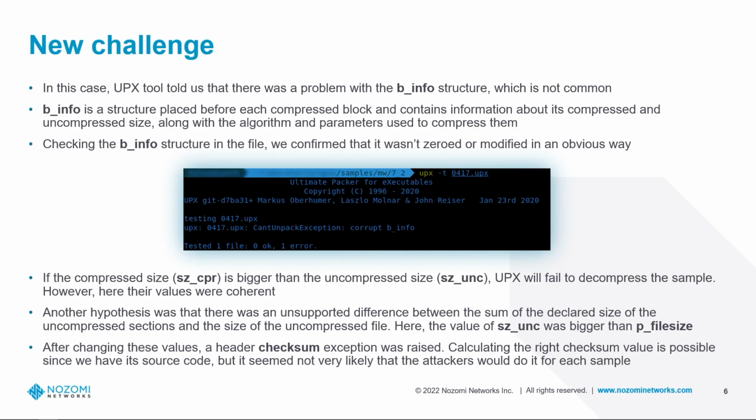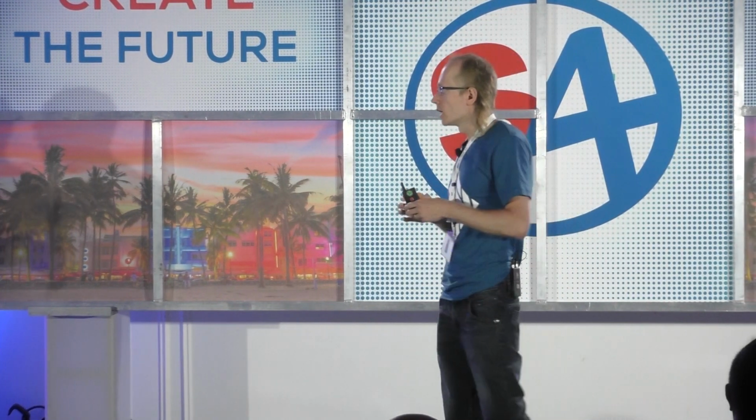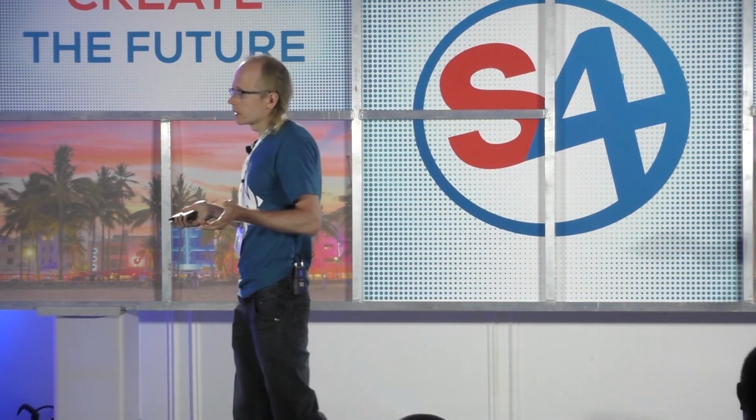Checksum obviously is being used to prevent very obvious small accidental changes in the code or data, which would be noticed with a high probability. The smaller the checksum, the higher the probability of collision, so it may not necessarily be 100% bulletproof, but in many cases it works. And in our case, the algorithm was there. It's open source, so we could calculate it and check if it's valid or not, but it would require additional work, so we temporarily stopped following this direction and decided to explore other ways this can be approached.